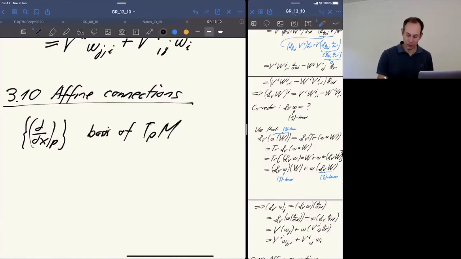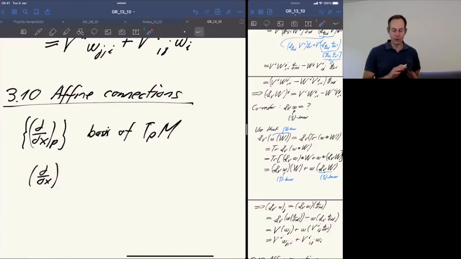Now one could expect that ∂/∂x, as a vector field, now not restricted to one point, but on the whole open subset on which the corresponding chart is defined. Remember, of course, I can only define it on the open subset on which the chart map x is defined.